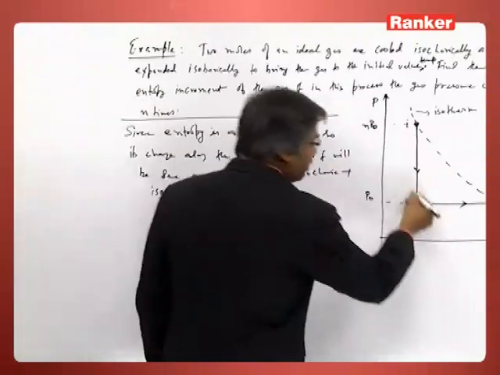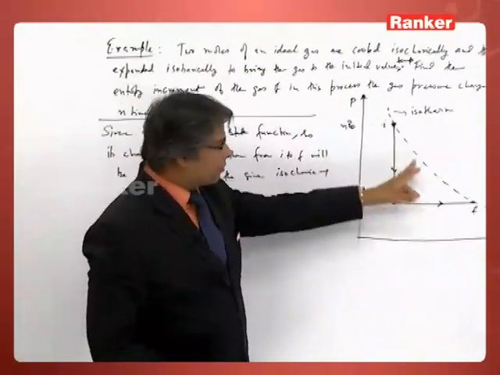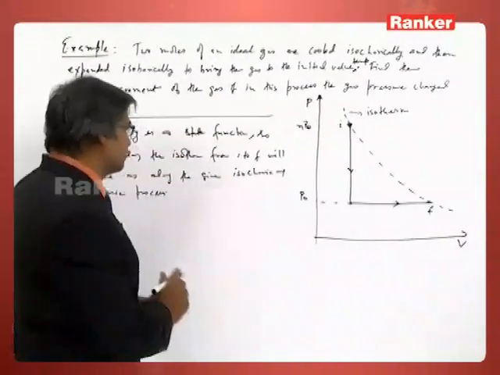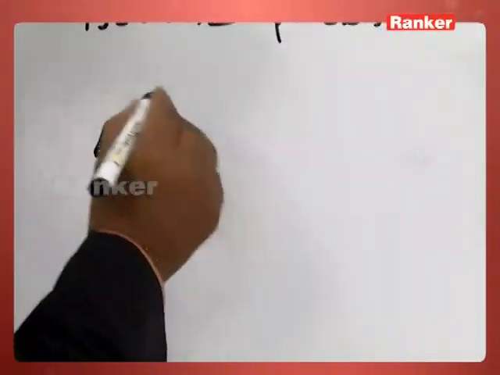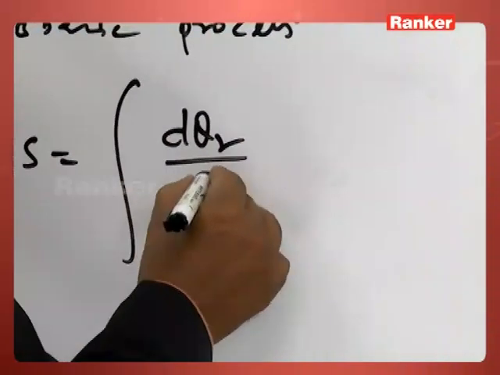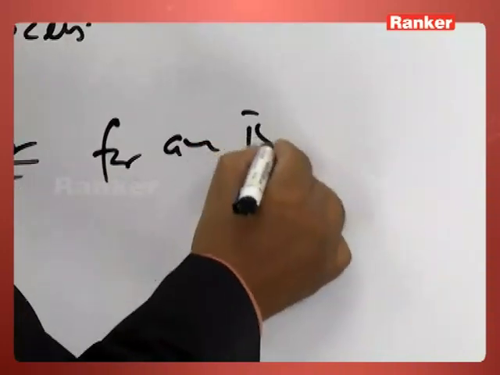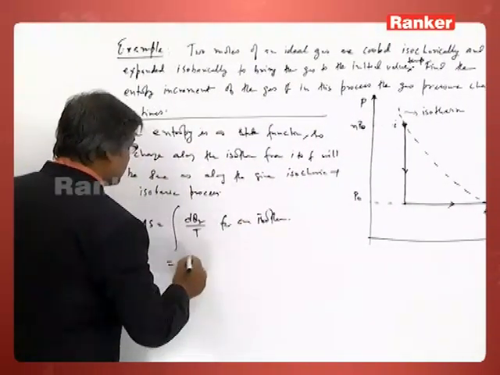What we get from here, we will also get from here. So it is better to calculate delta S for the isothermal process. Delta S is dQ reversible by T, and we are going to calculate this for an isotherm.